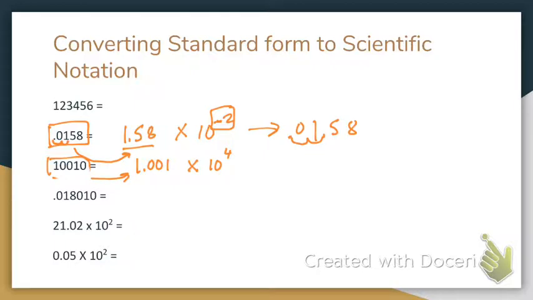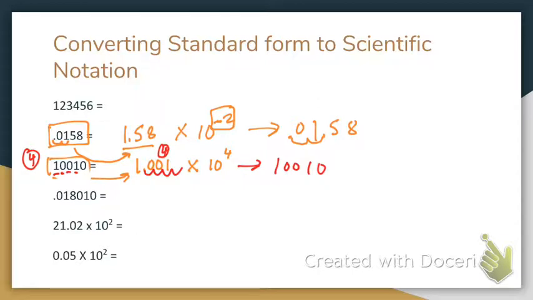This has 4 sig figs, 1, 2, 3, 4, and therefore this has to have 4 as well here. So notice I did not include that 0. This 0 would have added another significant figure, so we don't include that 0. If I check, this would give me 1, 0, 0, 1, 0. I moved it 1, 2, 3, 4 times, so I can check that.